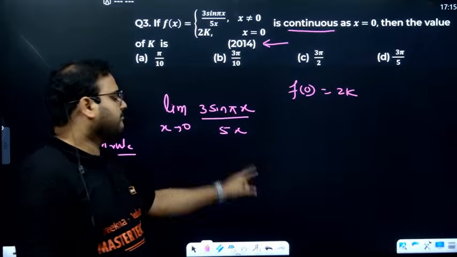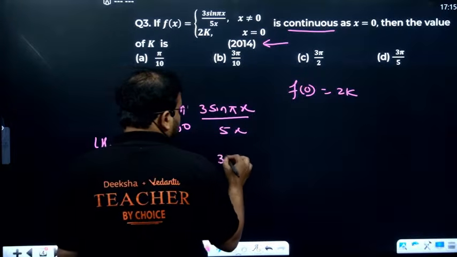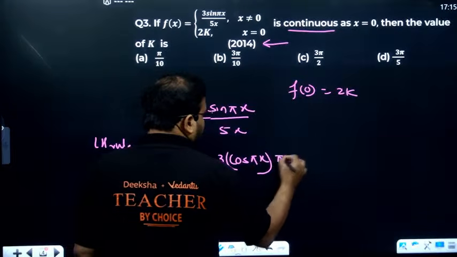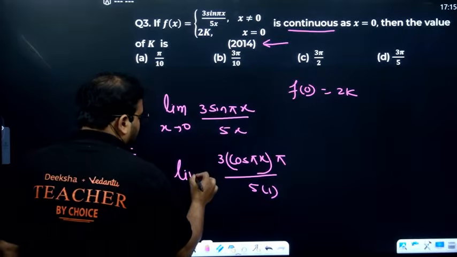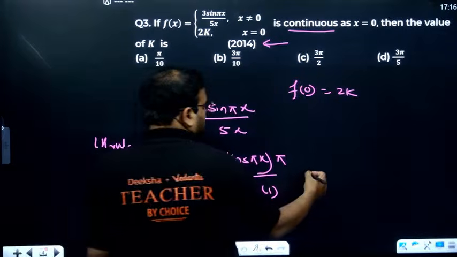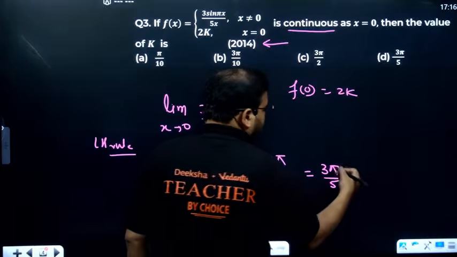Sin 0 is 0. 5 into 0 is also 0. Now differentiate. When you do that, you will have 3 cos pi x into pi upon 5 into 1. Now if you put the limit x tends to 0 over here, pi into 0, that becomes 3 pi by 5 into 1.